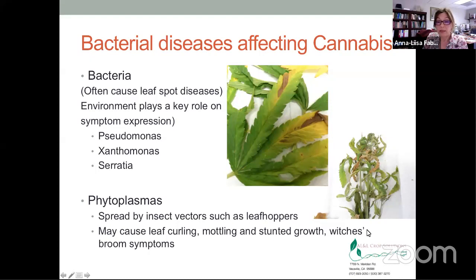So we published this finding last year. And later on, we also found a virus in the same plants. And both of these, surprise, surprise, that particular virus, be it Curly top, and the phytoplasma, are both spread by insect vectors called leafhoppers.